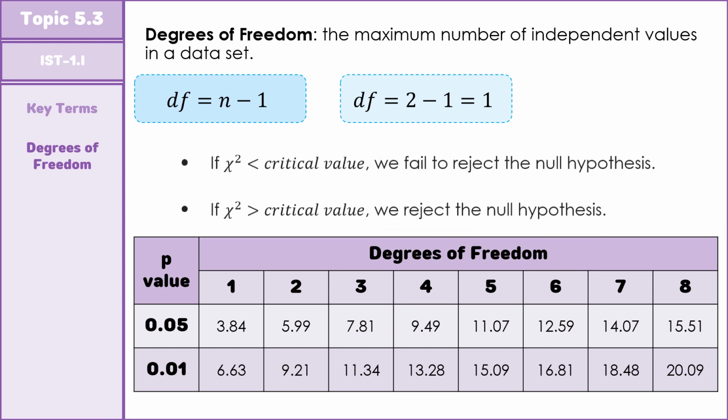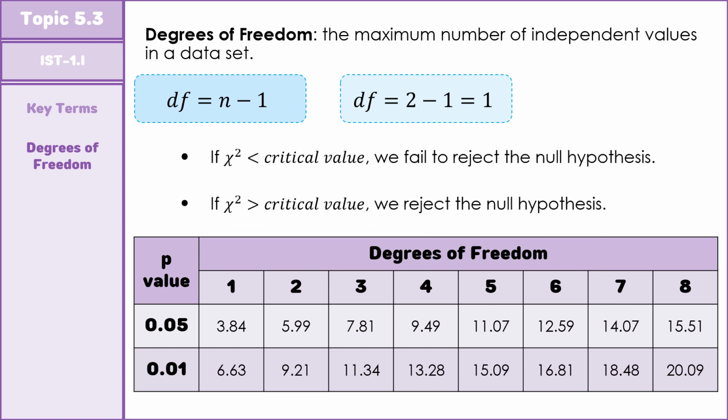So we have two statements that we can make here, and it is dependent on whether or not our chi-square value is greater or less than our critical value. So we determine our critical value by looking at the column for our degrees of freedom. So we're going to be looking at that 1 column, and we will compare the values in that column to our chi-square value. So the chi-square value that we found earlier was 3.14.